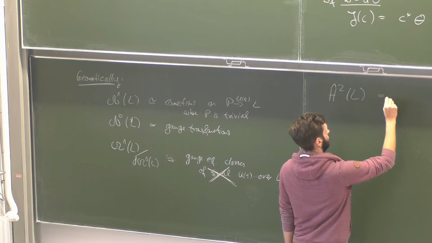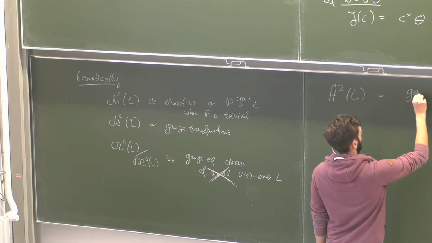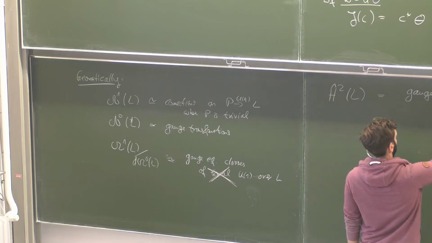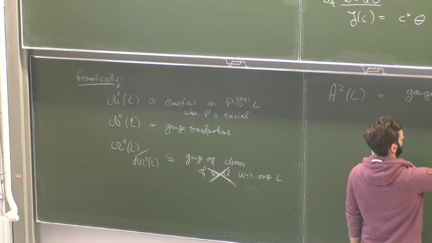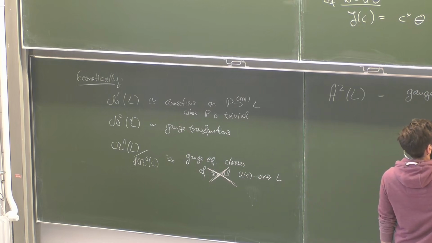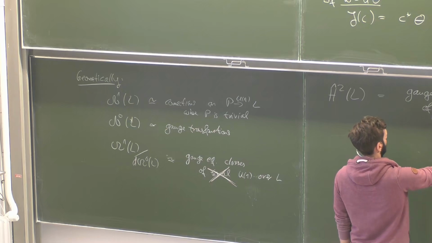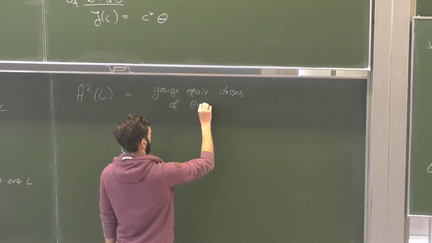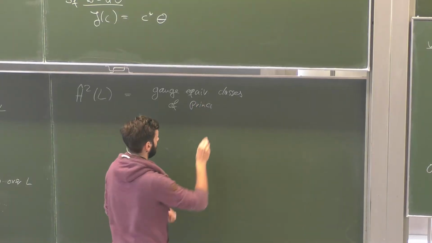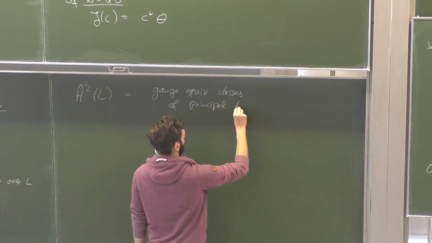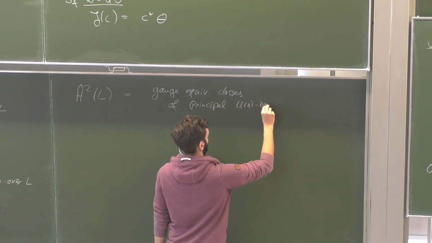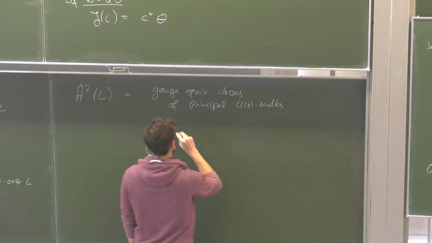That's the space of equivalence classes of principal U(1) bundles with connection.